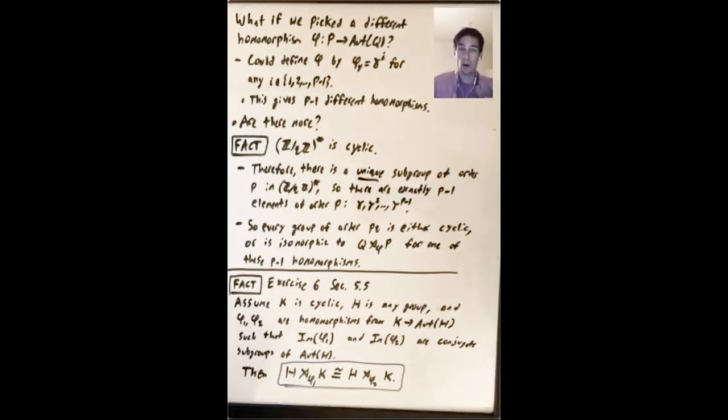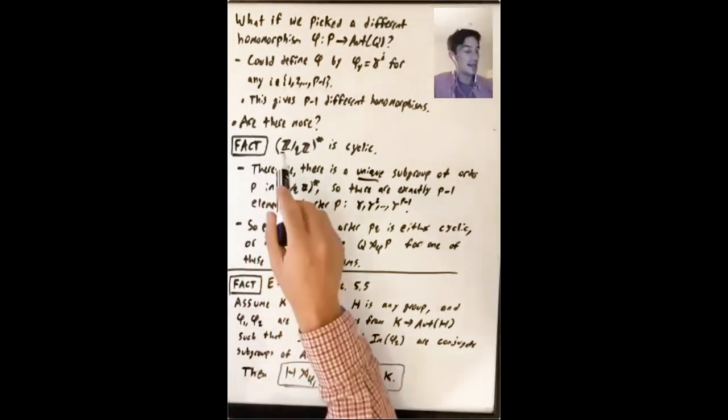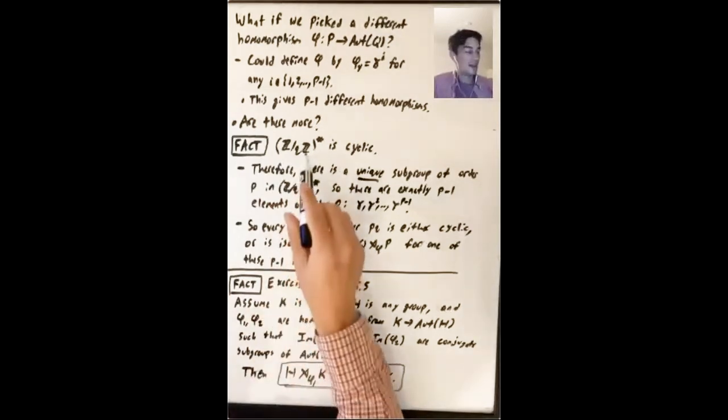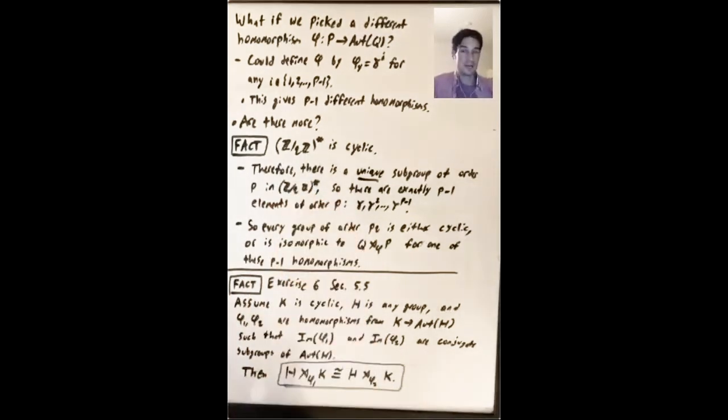Are there any more? A fact that we will not prove now, but will prove later in the 206 sequence, is that (Z/qZ)* is cyclic. So what does that tell us? It's a cyclic group of order q minus 1, and that means it has a unique subgroup of order d for each divisor of q minus 1.